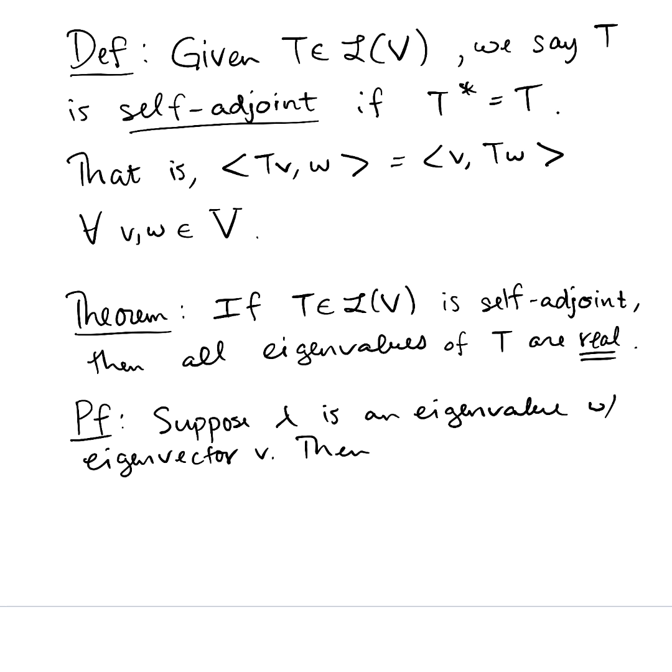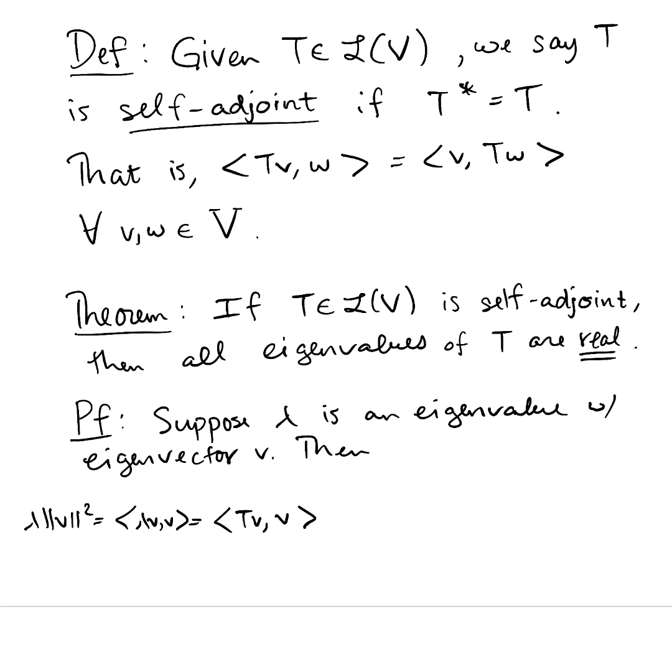Okay, well, check this out. On the one hand, if you do Tv inner product v, well, v was an eigenvector that went with lambda, so that's really lambda v, v, and that's really lambda magnitude v squared.